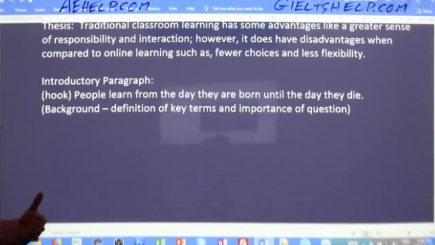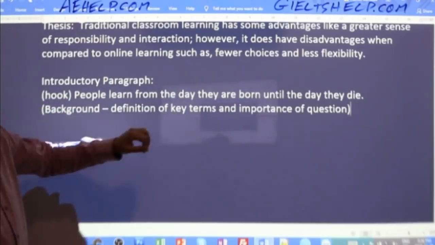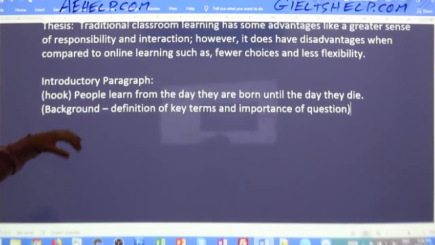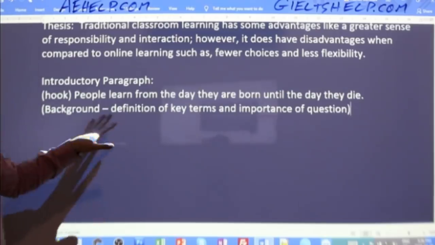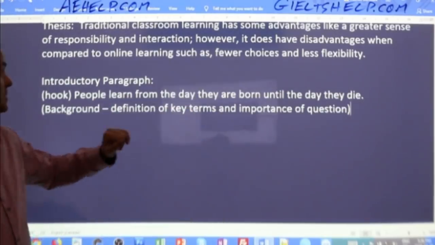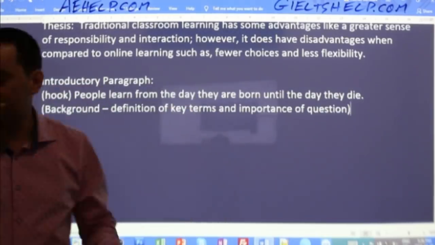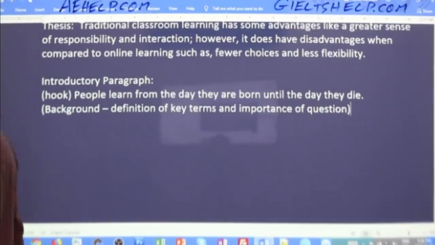And ladies and gents, I know it sounds silly, but I have to say this: please don't write the words hook, background, definition, or key terms in the actual official exam. I don't want anybody to do something crazy like that, okay? You just need to write the actual sentences. That's just notes for you, okay? So, definition of key terms and importance of the question.